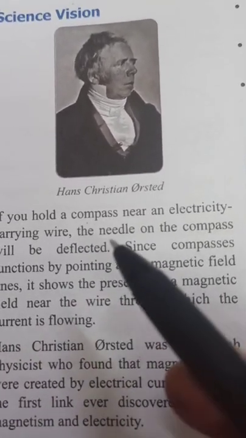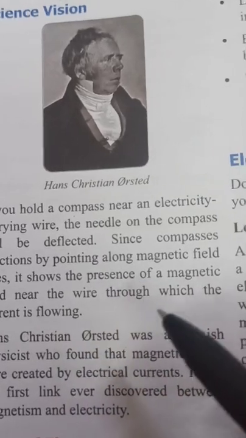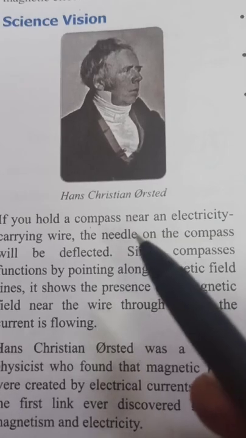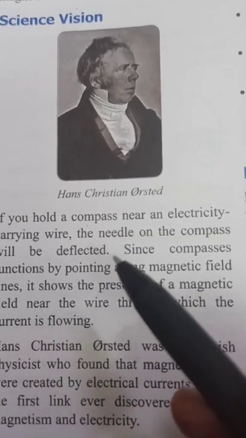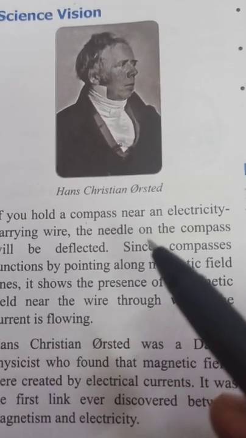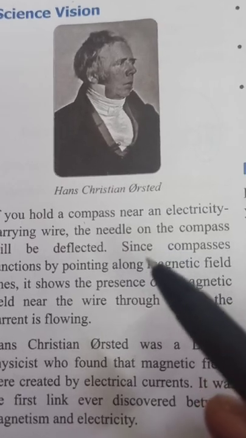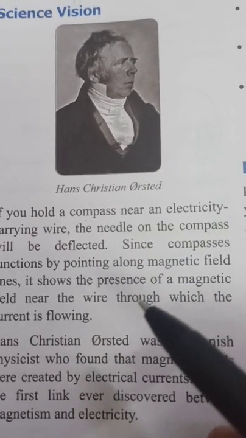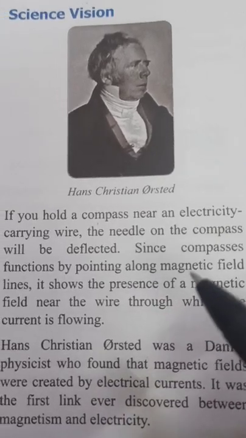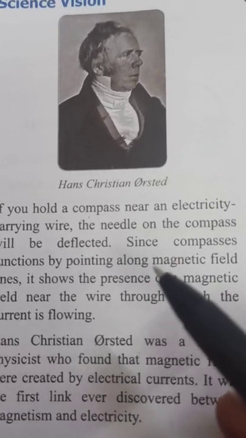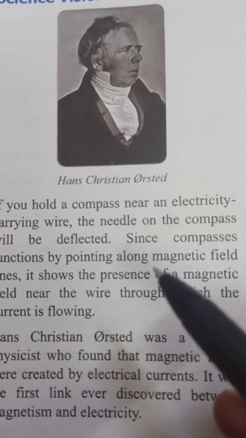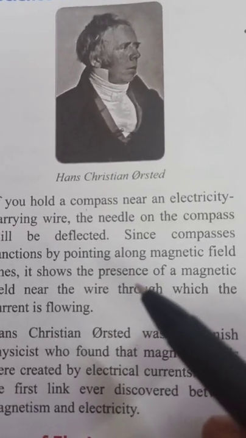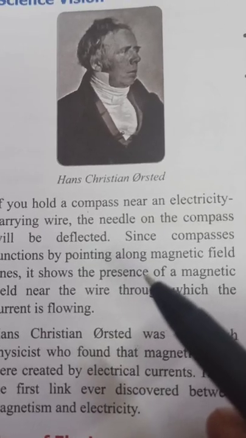Simply, if we keep a magnetic compass near any electric wire in which current is flowing, the compass needle starts moving, showing deflection.